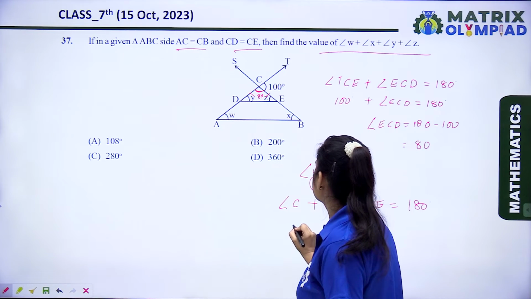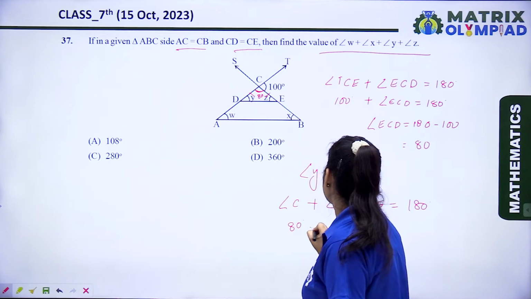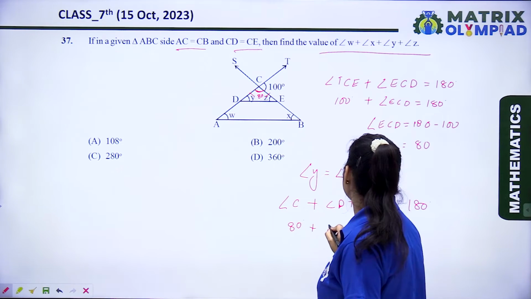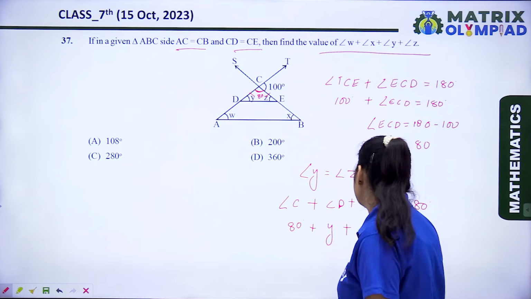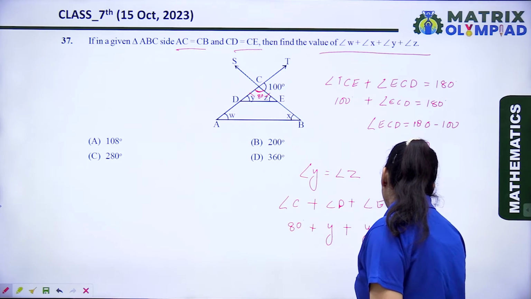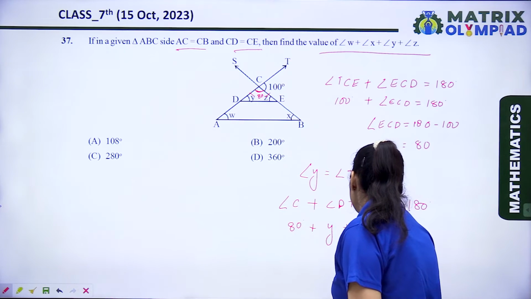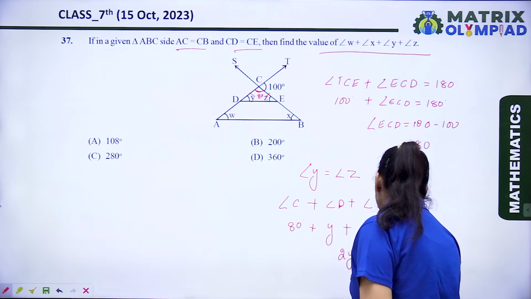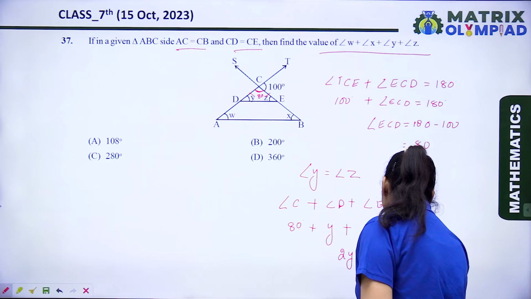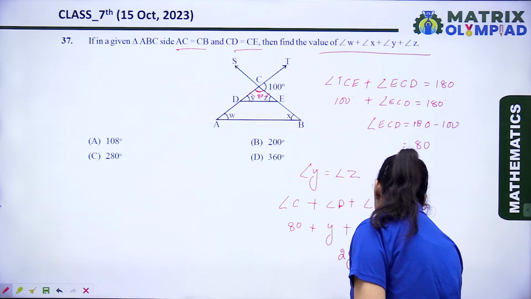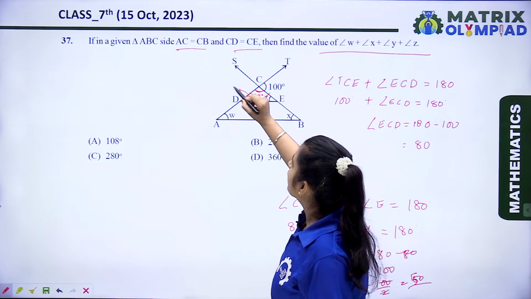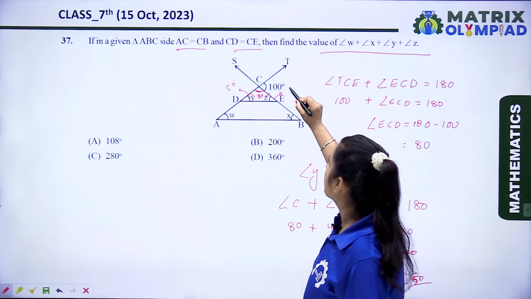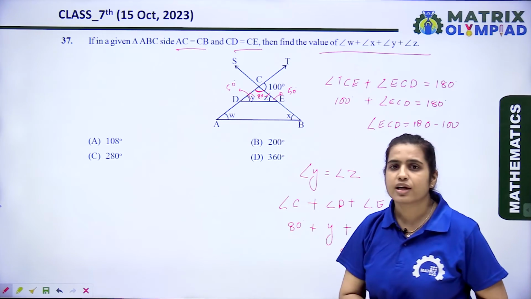Here angle C is 80 degree plus angle D is Y plus angle E. We can write Y in place of Z also, because the angles are equal to each other. Here 2y is equal to 180 minus 80. So it becomes 100 and the value of y is 100 divided by 2, that is 50. It means the value of y is 50 and the same way the value of z will also be 50.